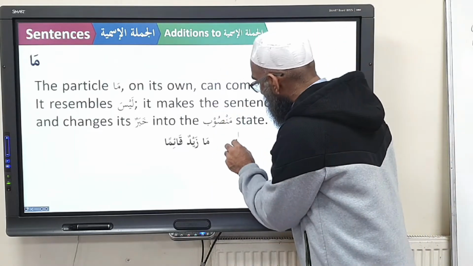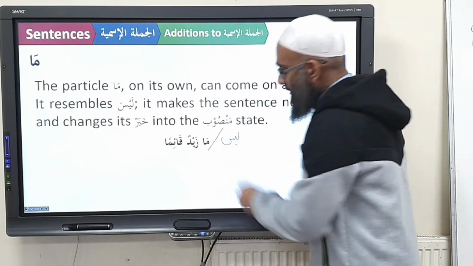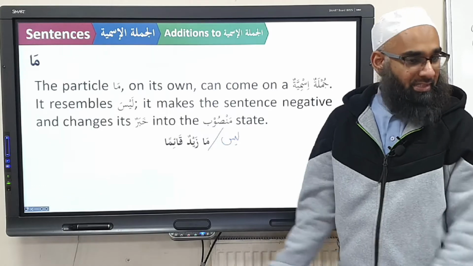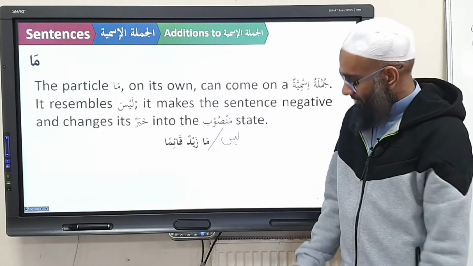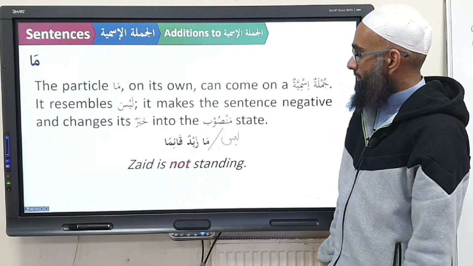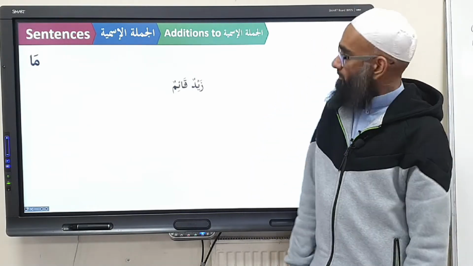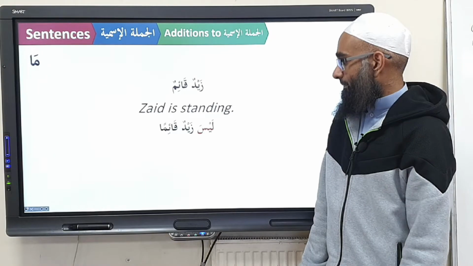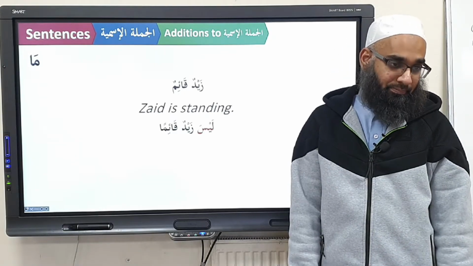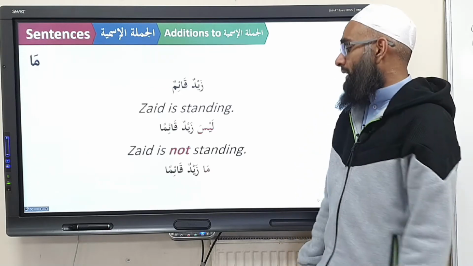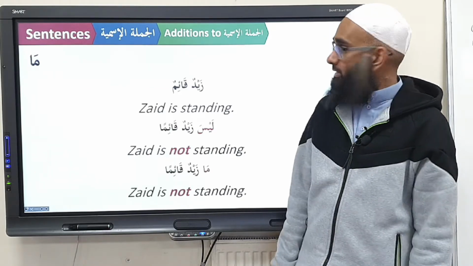The same way as laysa zaydun qa'iman, you can also say ma zaydun qa'iman. What does that mean? Same as laysa: Zayd is not standing. So zaydun qa'imun means Zayd is standing. Laysa zaydun qa'iman, Zayd is not standing. Another way of saying that is ma zaydun qa'iman. You see?